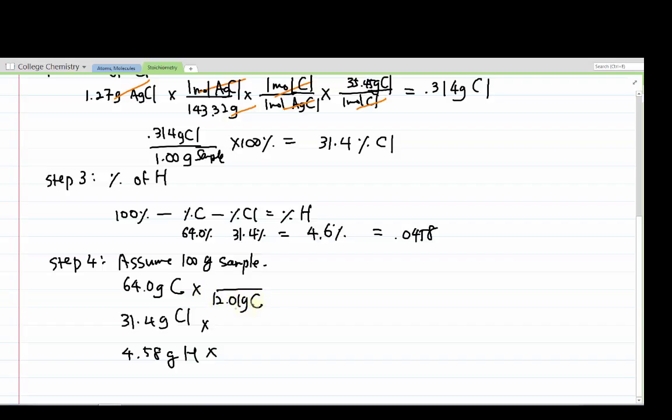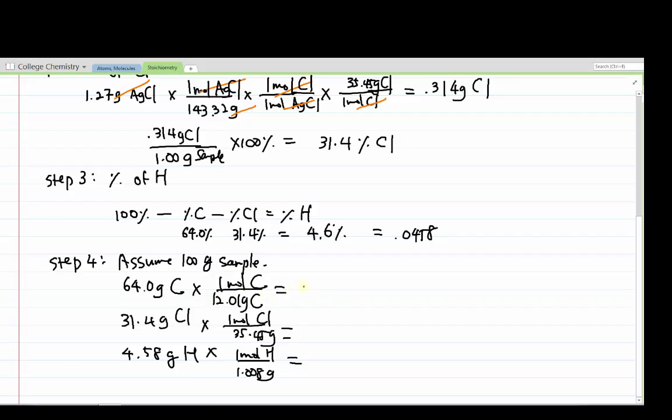12.01 grams of carbon should be on the bottom so that I can cancel out. You have 1 mole of carbon, and you use the same method for the others. You should get the number, and then we're gonna divide by the lowest of these.